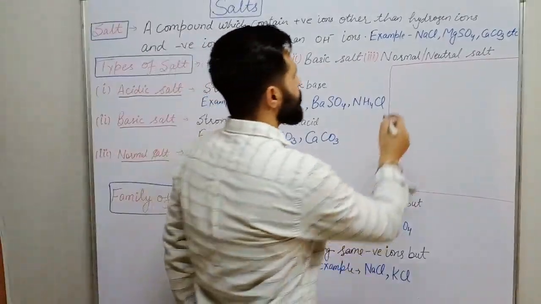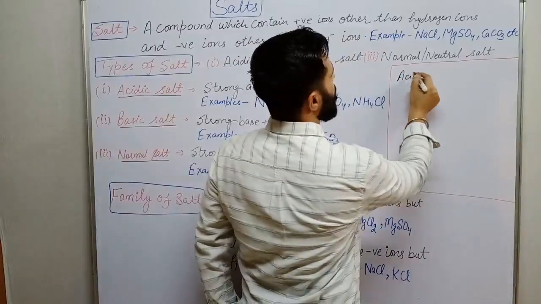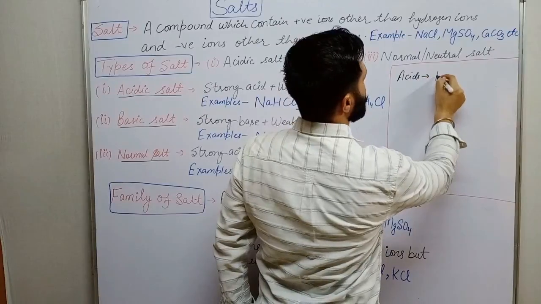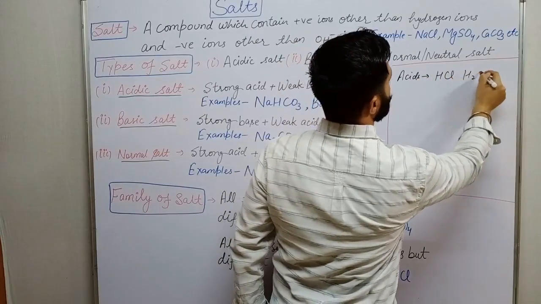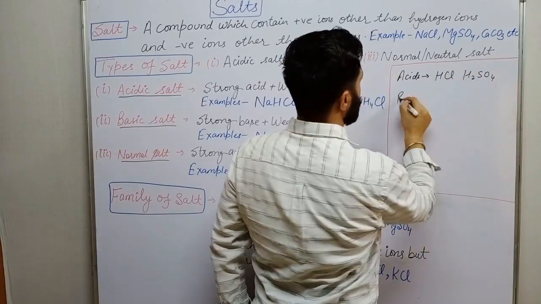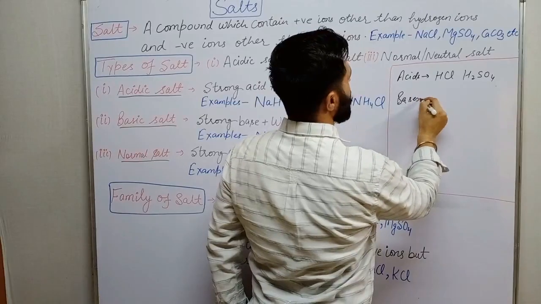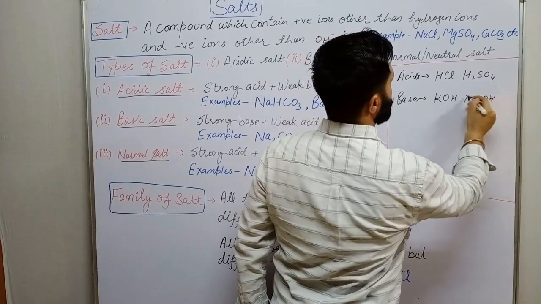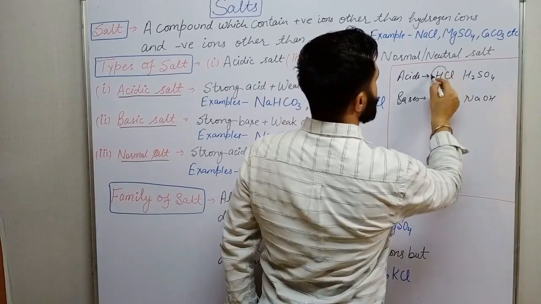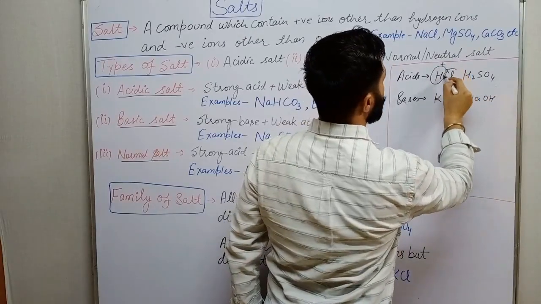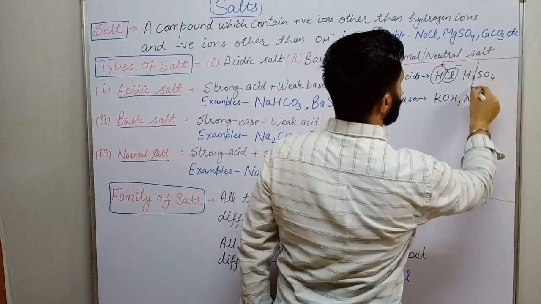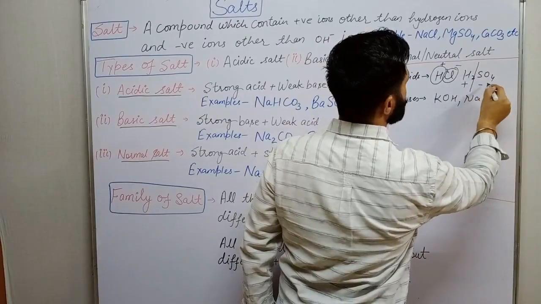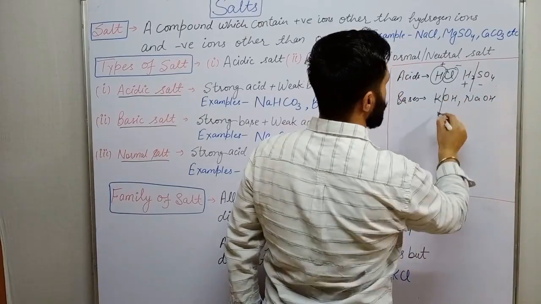For example, you know that acids are HCl, H2SO4, etc. Bases are KOH, NaOH, etc. Here see, this is positive and this is negative. Here also this part is positive, this part is negative.